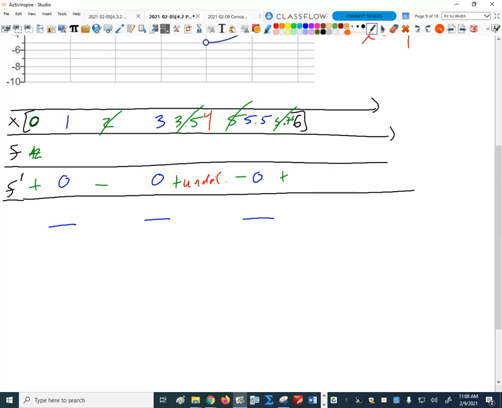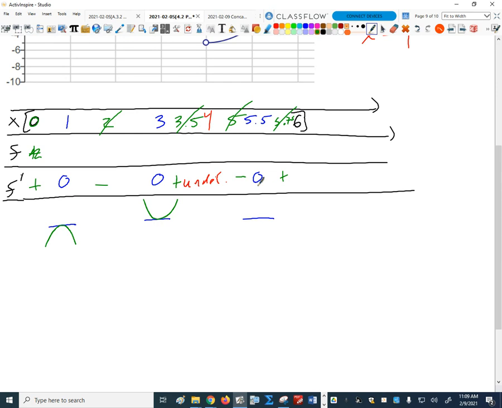Because it's a horizontal tangent line, and we're going from increasing to decreasing, and it's got a tangent at 0, which means it's got to be a smooth maximum. Here we're going to have a smooth minimum, right? We're going from decreasing to increasing through a point of tangency here, right? So it looks like that.